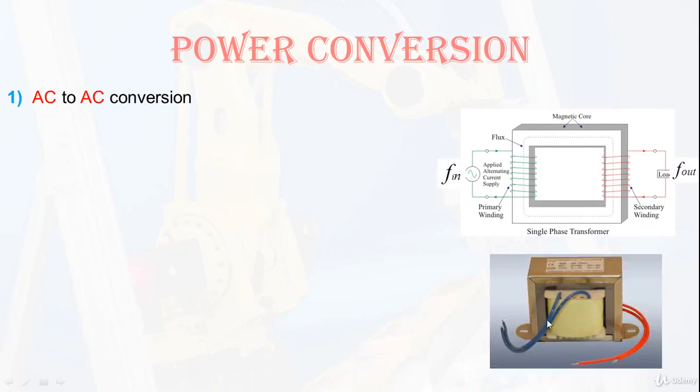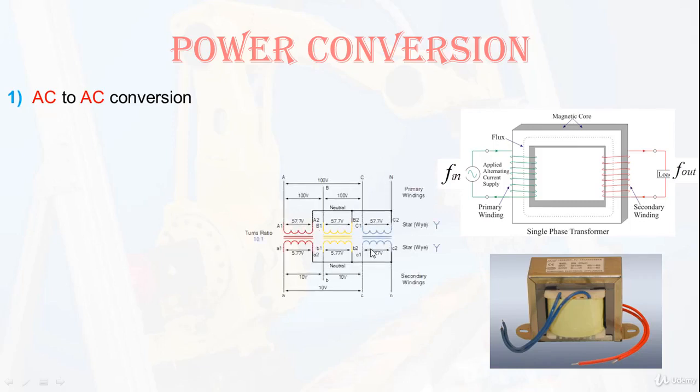This is a sample of our single phase transformer, and we can also have a three phase transformer. The three phase transformer has three coils for the three input phases, the primary windings, and the secondary windings also have three coils.